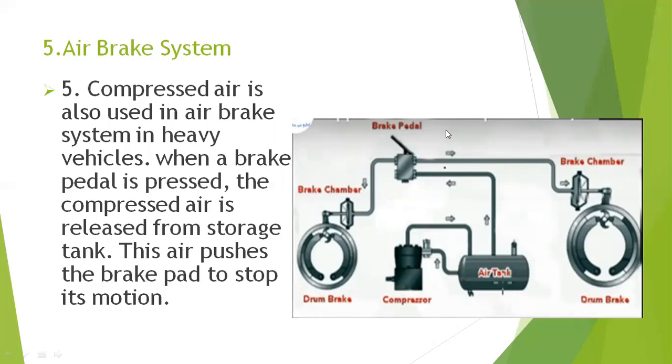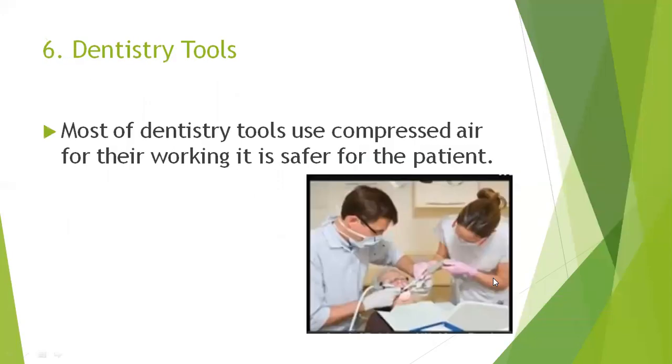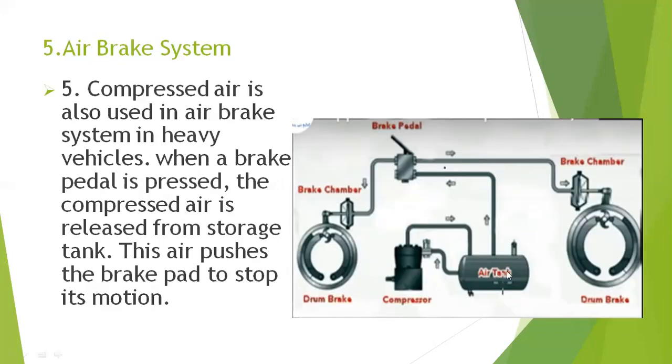In vehicles, when we press the brake pedal to stop the car, the air present in the air tank, this is the air tank, is compressed by this compressor. When you press the pedal, a signal is given to this air tank. The air is compressed by this compressor, and moving through these different pipes it reaches the brake chambers.